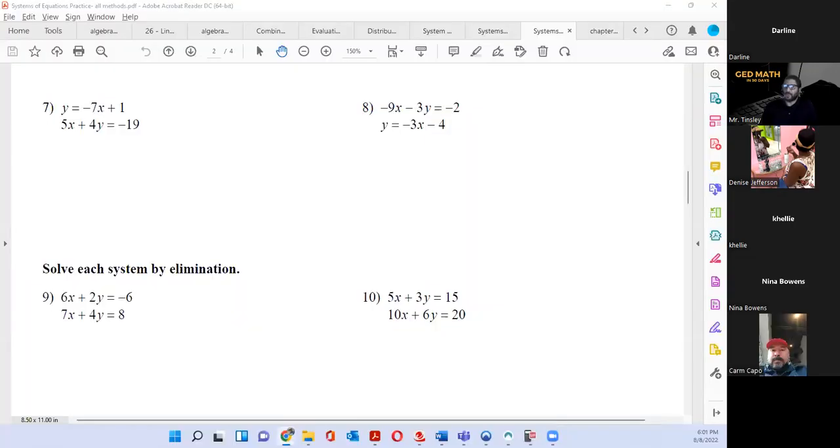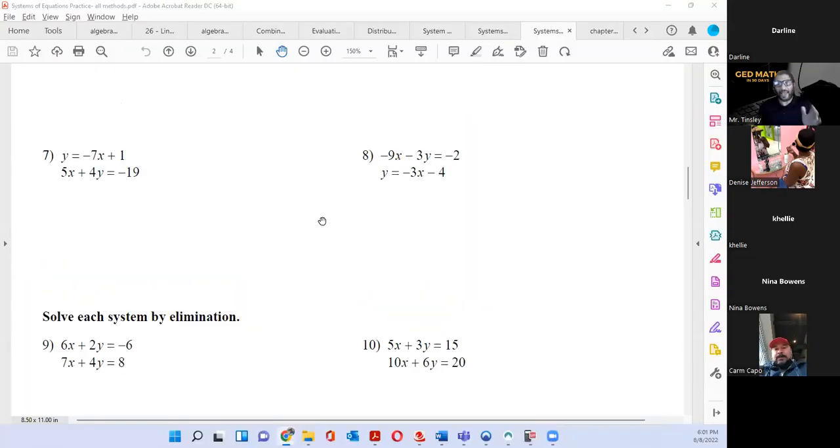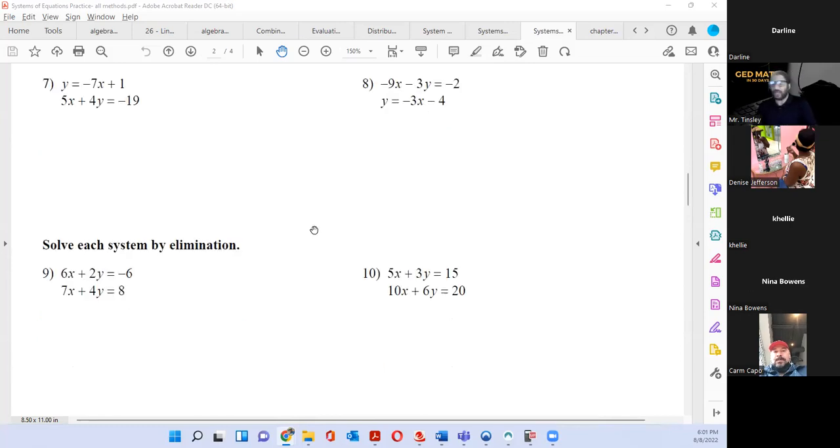The first thing somebody asked was, in a system of equations, how do I know when to multiply and when to just change to the opposite sign? It depends upon what variable you're trying to get rid of.